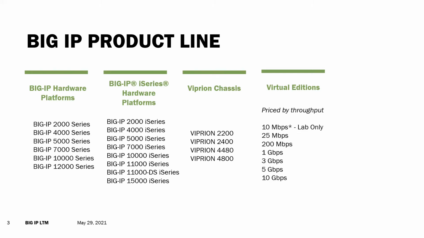The other line of product is the BigIP i-Series hardware platform. It is relatively new. It's been quite some time, but it is relatively new. It is focused on programmability, because today we are all moving towards the cloud environment.